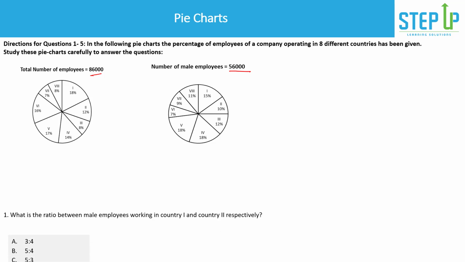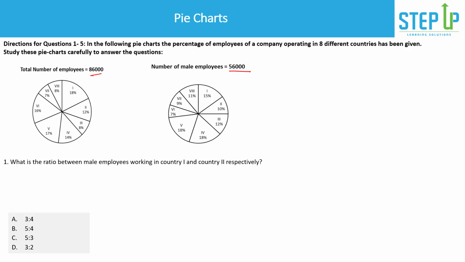So let's look at our first question. It says, what is the ratio between male employees working in country 1 and country 2? Male employees in country 1 and country 2, what is the ratio? This is very easy. The question is simply asking you 15% of 56,000 upon country 2 male employees, 10% of 56k.